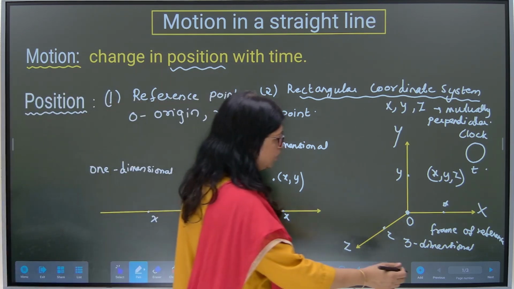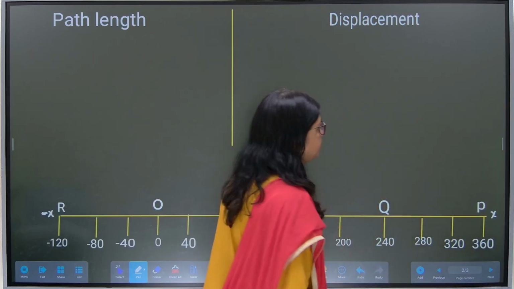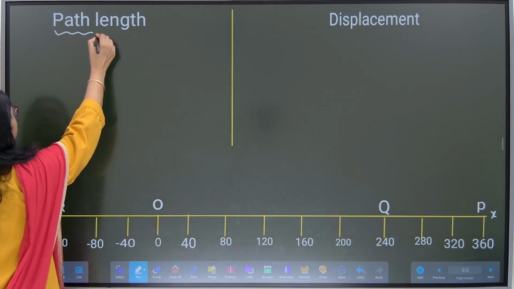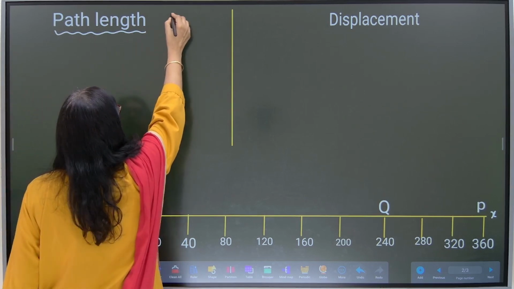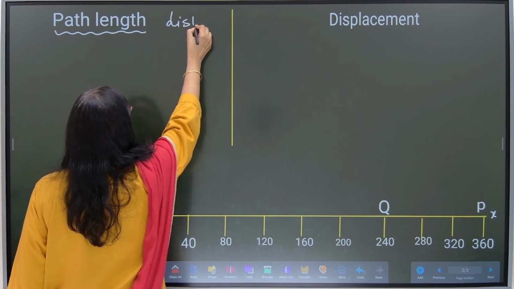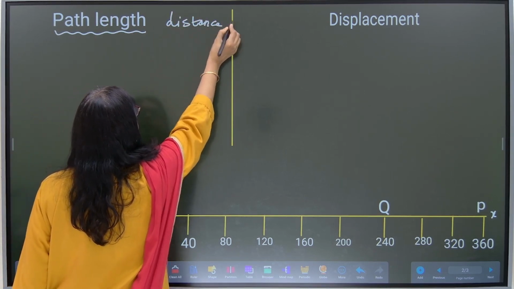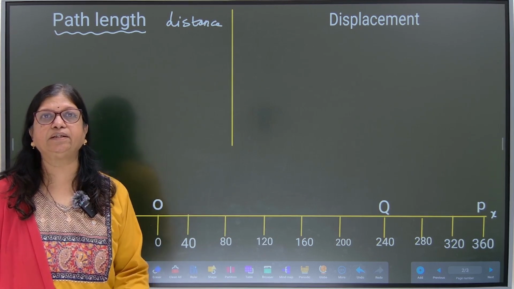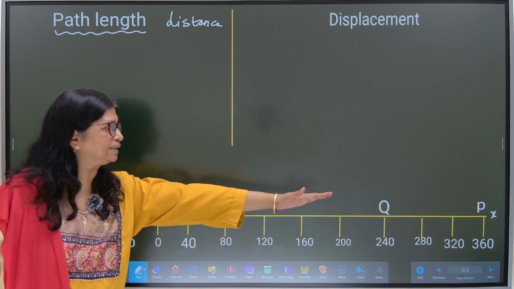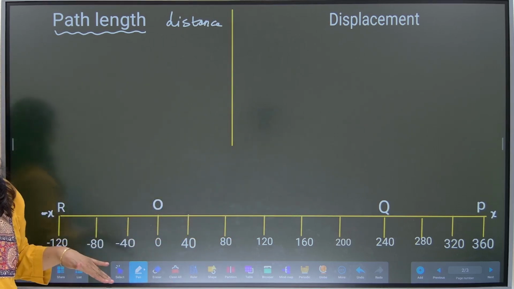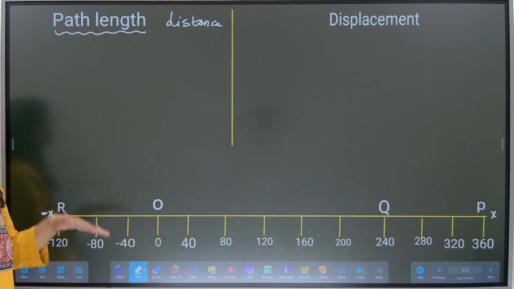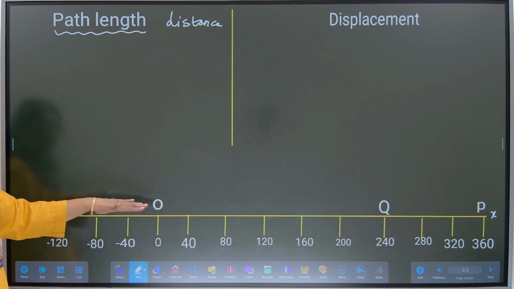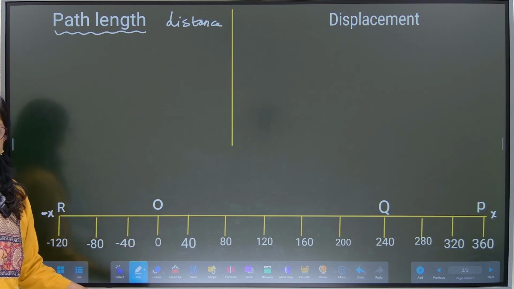Now let us go to the next page where we want to describe the path length, or simply understand the distance covered by a body. For that, I have considered a number line on the x-axis as you can see here. Let us consider the positions of the object at the point O, which is the origin.